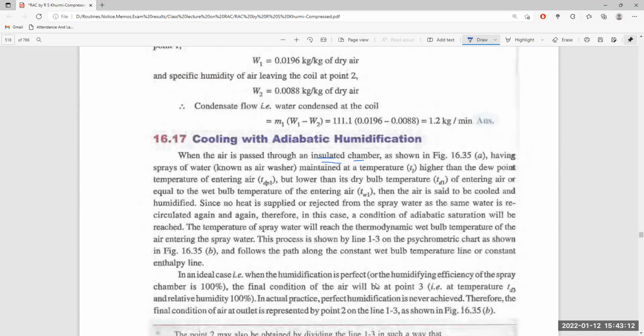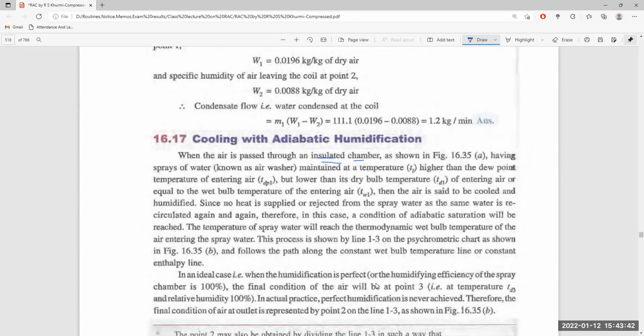Dew point temperature is the temperature at which the moisture in the air-vapor mixture will start to condense, according to the partial pressure of the vapor in the mixture. If the water is at a temperature higher than this, no condensation takes place.